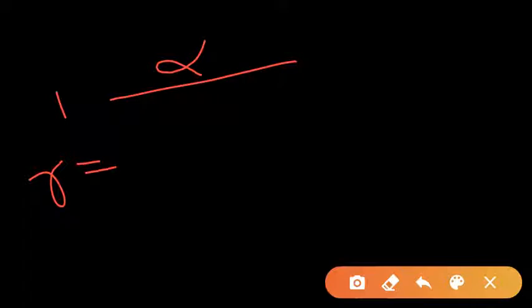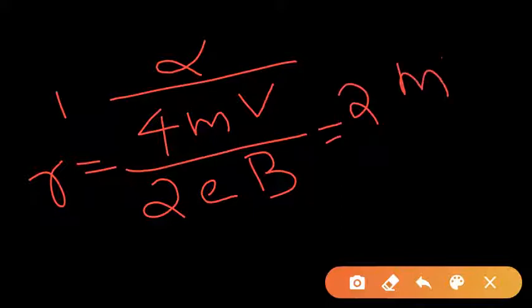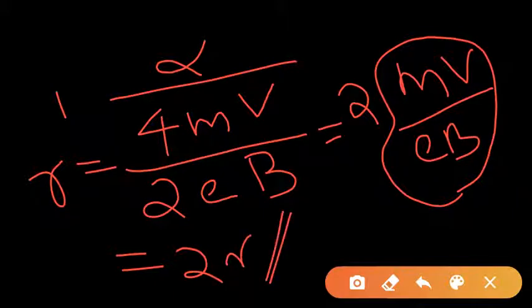Similarly, for alpha particle, r dash is equal to mass is 4m, same velocity v, charge is 2e, magnetic field is B, equal to 2 times mv by eB. What is mv by eB? It is radius of proton. mv by eB we can call r, that is radius of proton.